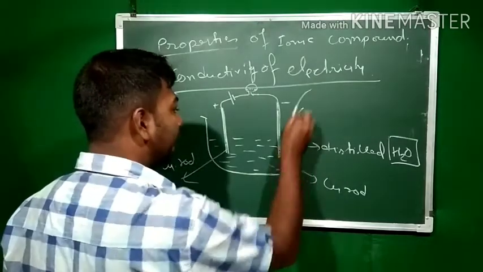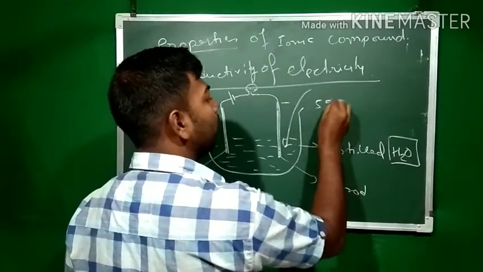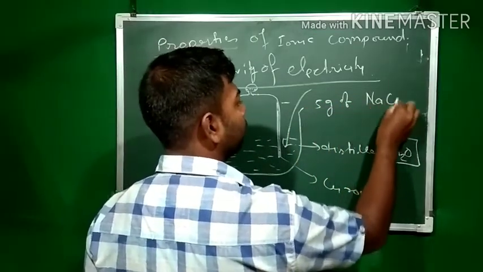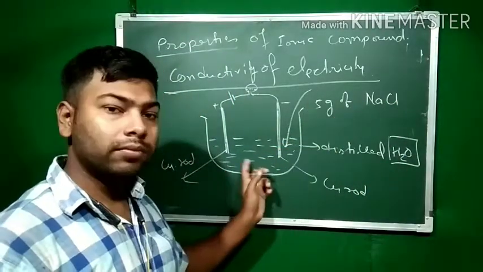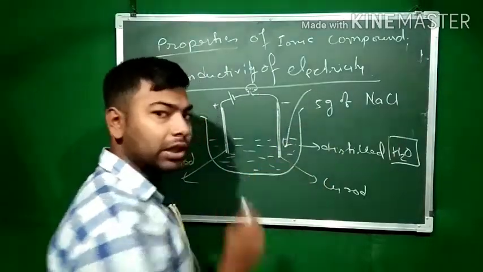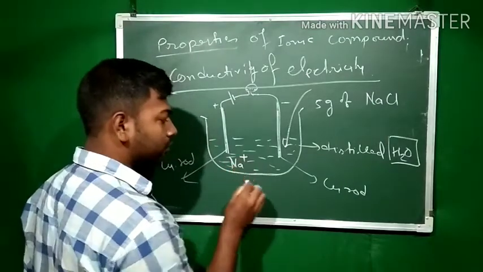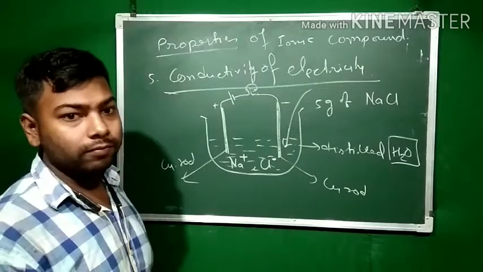But when we add, suppose, 5 grams of any salt, say sodium chloride, our normal salt, obviously it will dissociate. That means it produces lots of sodium positive and lots of chlorine negative.